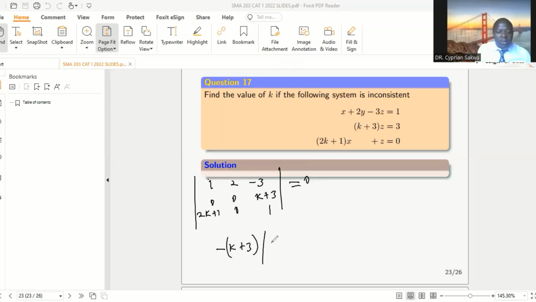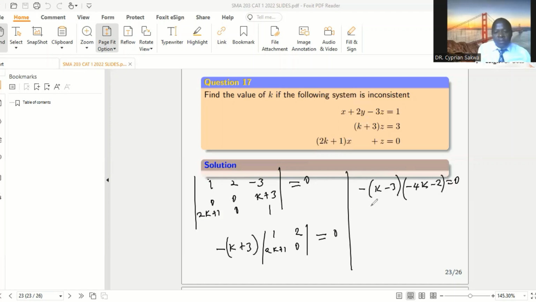So I have 1, 2, and I have 2k plus 1, and 0. So what do I have? I have negative k plus 3 multiplied by, this is 0, minus this. What is this? Minus 4k minus 2. This should be 0.